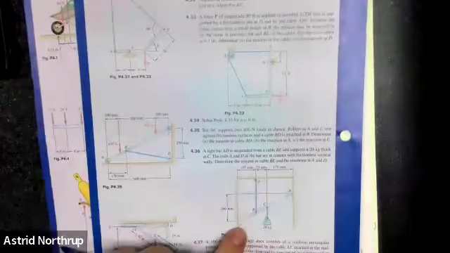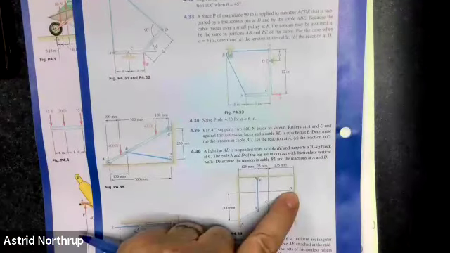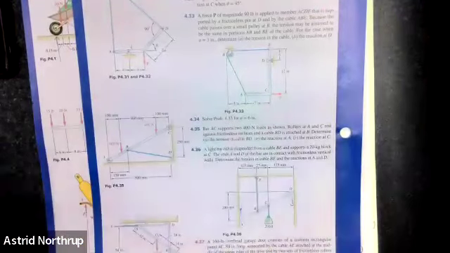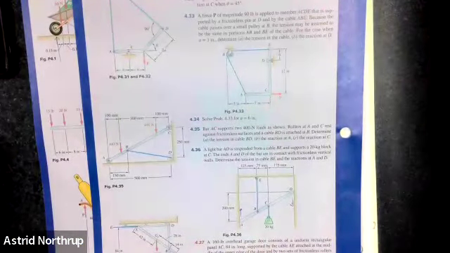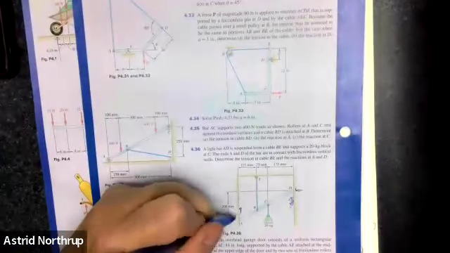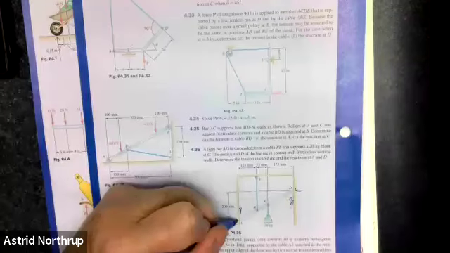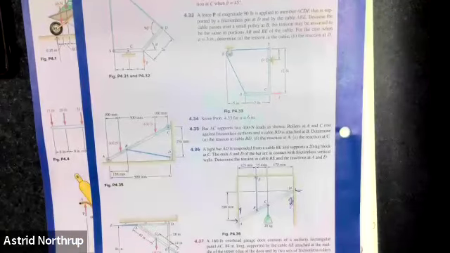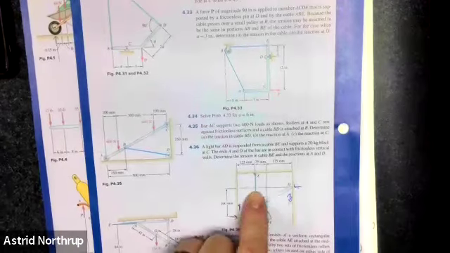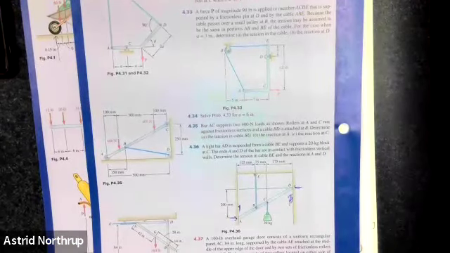Here, same sort of thing. This is a sliding support, so it's not going to bear in the Y direction. All you have is that perpendicular contact, and then you have 2 cables. You have this 20 times 9.81, and then whatever this is.